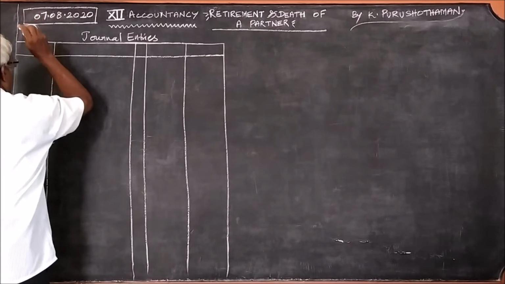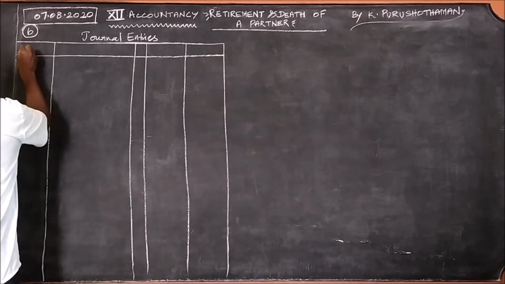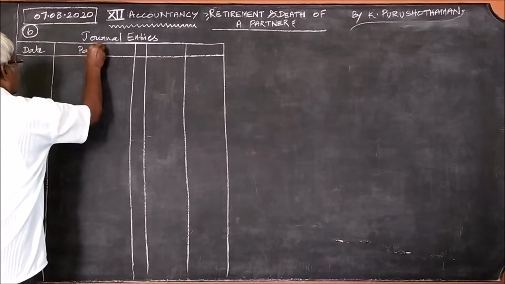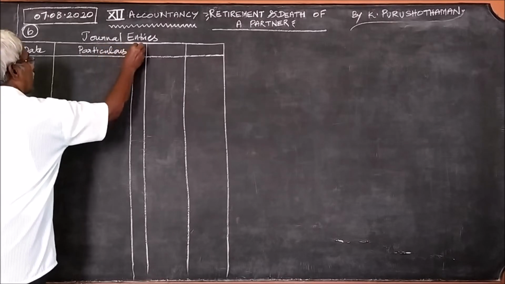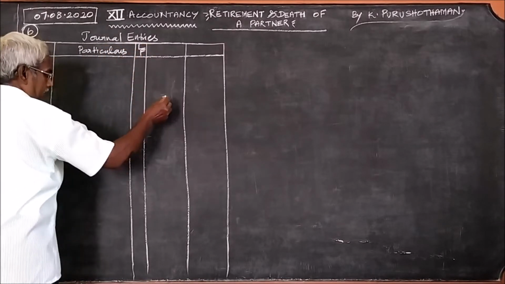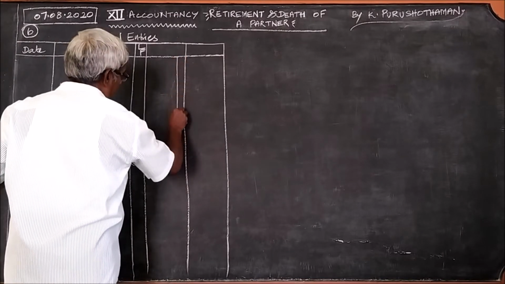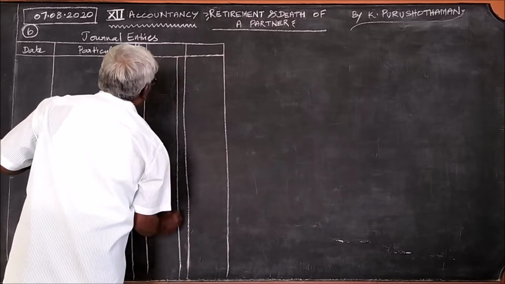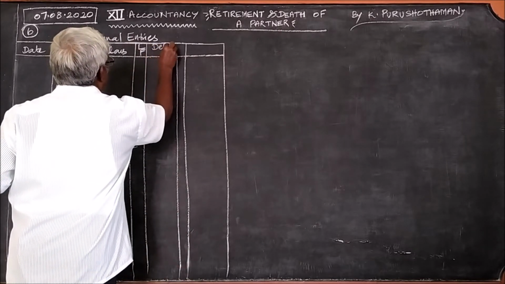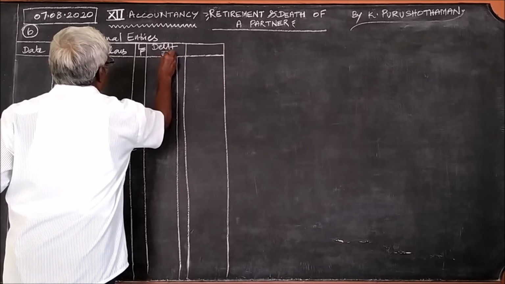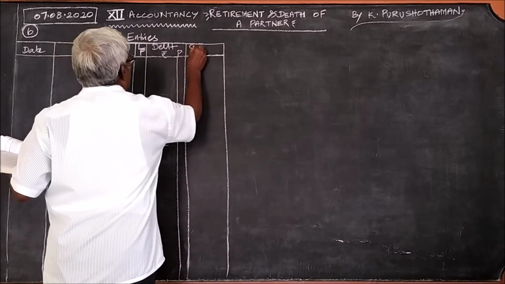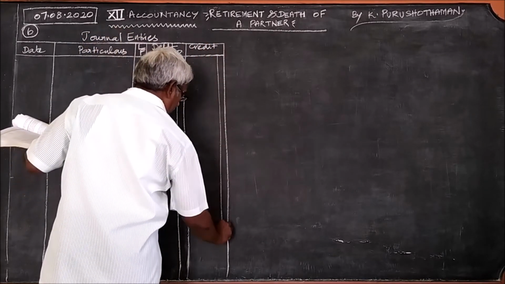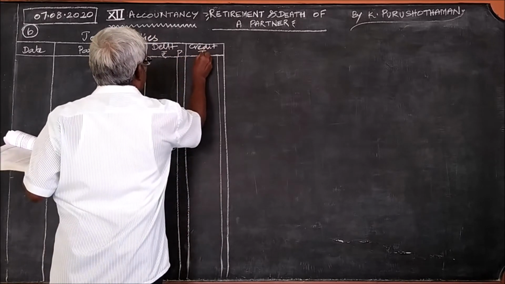Problem number 6 in the exercise. Date, particulars, ledger folio, debit, credit.